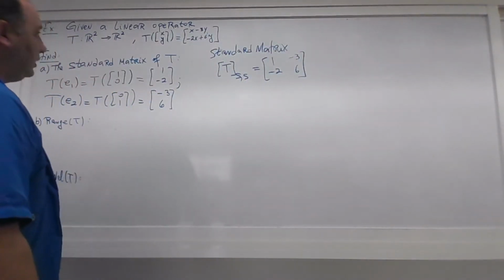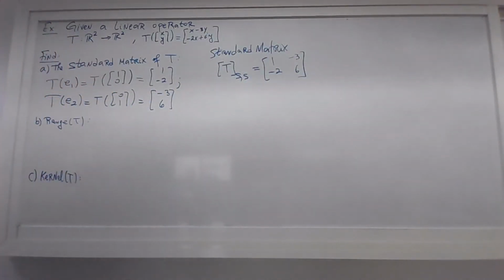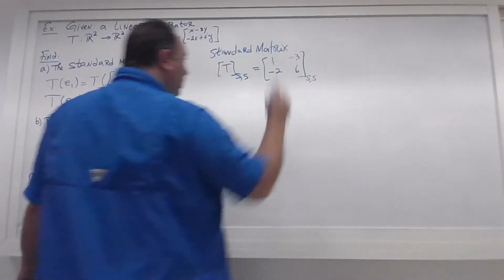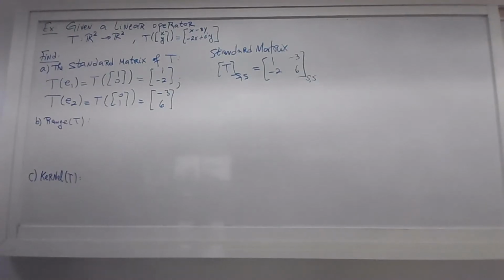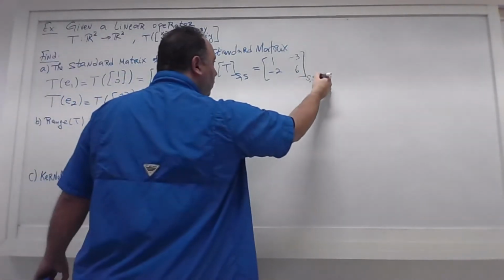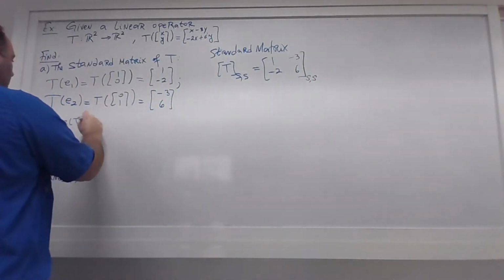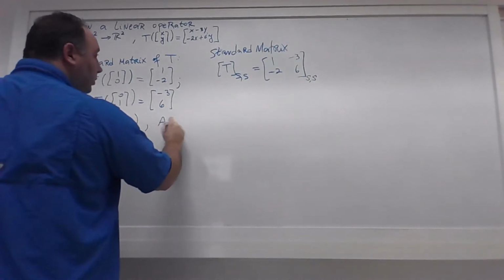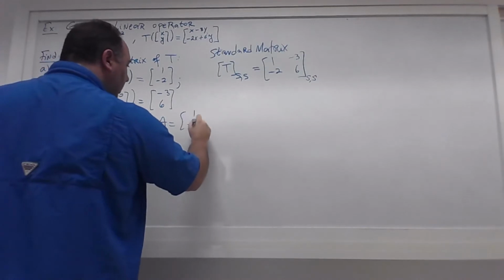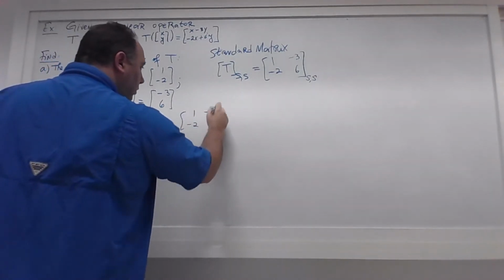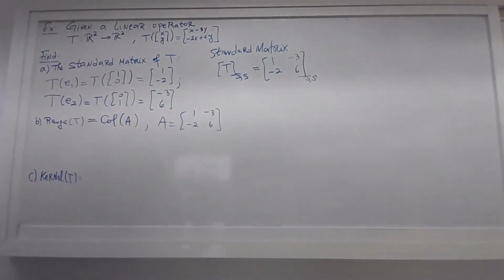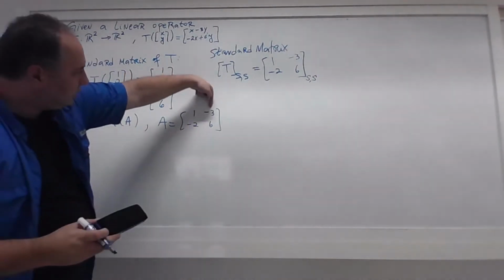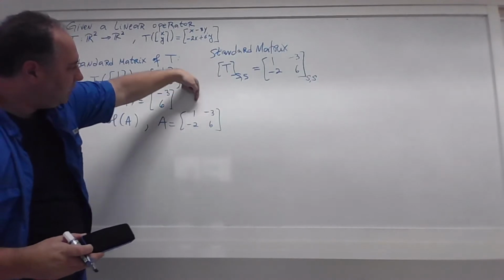So we know already that this is a matrix transformation. And to find the range, our range is just the column space of the matrix A, and the matrix A is this matrix, the representation matrix here. We realize that these two columns are linearly dependent. The second one is -3 times the first one.